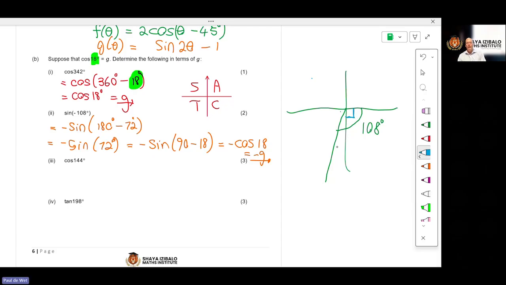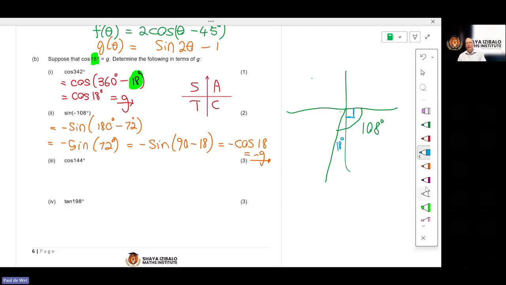So this piece here must be 18 degrees. Now are we 18 degrees away from a horizontal axis or a vertical axis? Vertical, and when we come off a vertical axis, we change to our co-ratio.